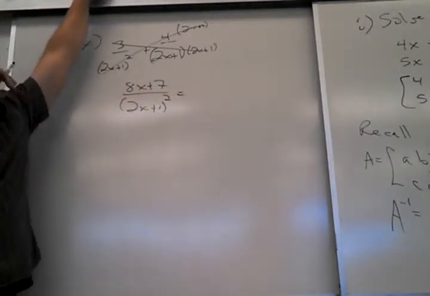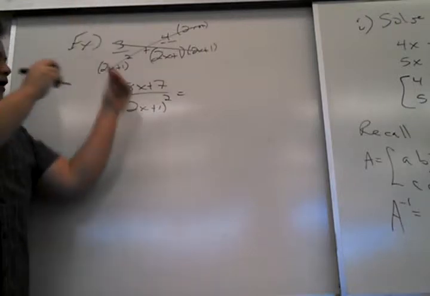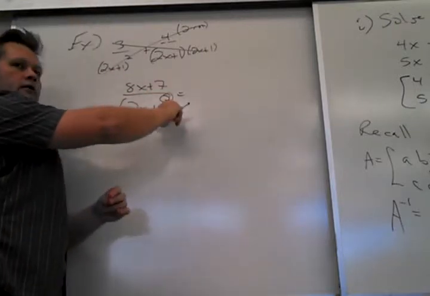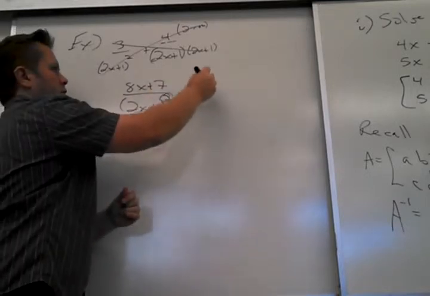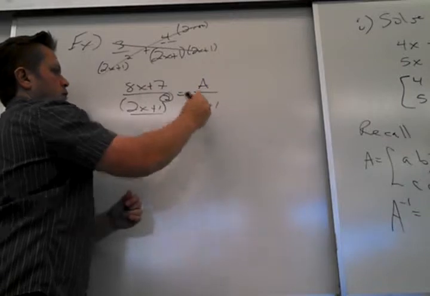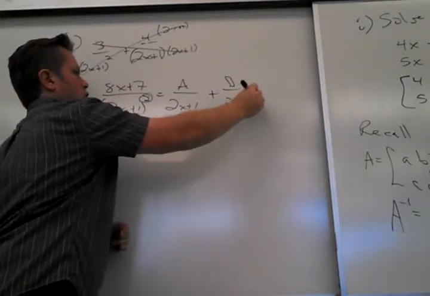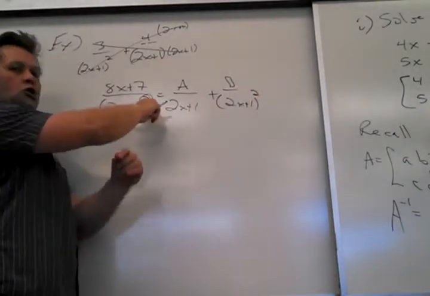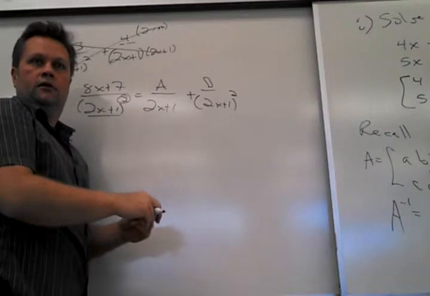I love that, right? But what you do is you know what the answer has to look like. If the bottom is some repeated factor of linear something or other, it must have come from a number over 2x plus 1 plus a number over 2x plus 1 squared. So if it was cubed, I would just have another entry here, right?